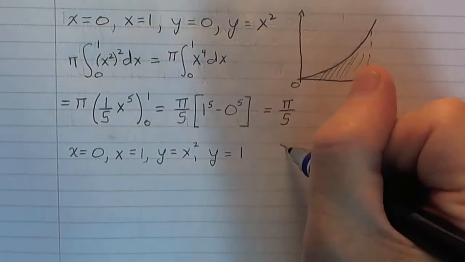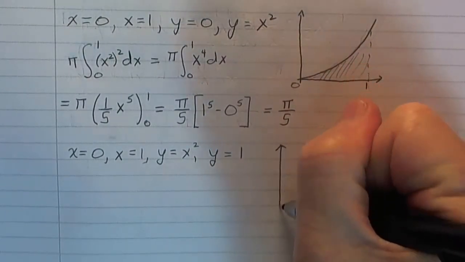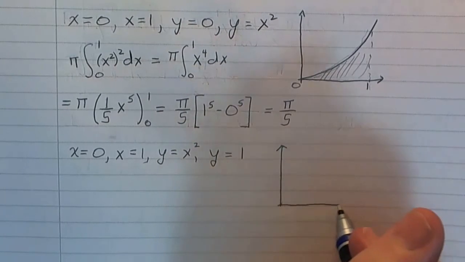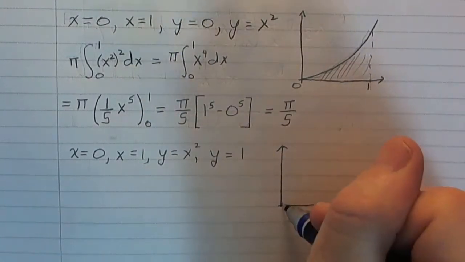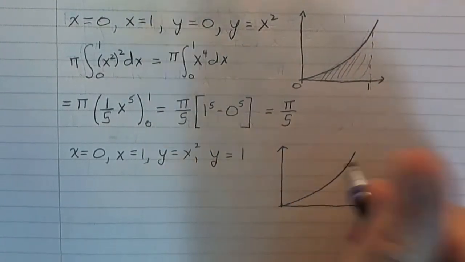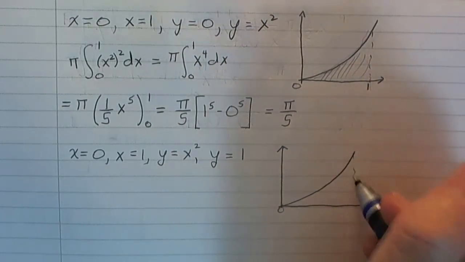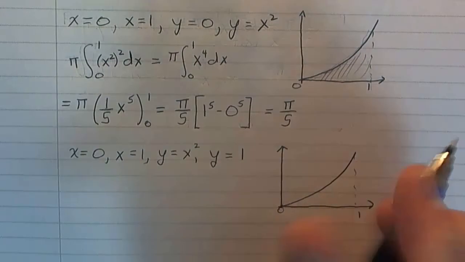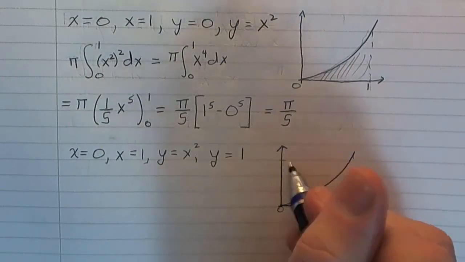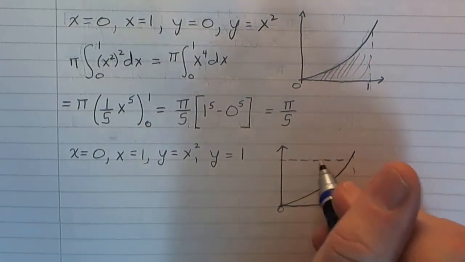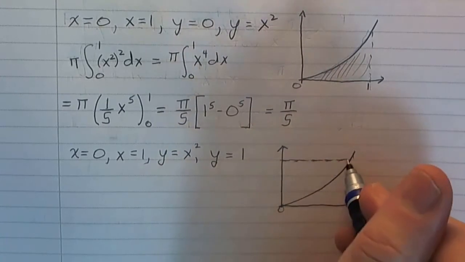So let's see what that's going to look like. Here is my x squared. I'm going from 0 to 1. And here is the line y equals 1 right there.